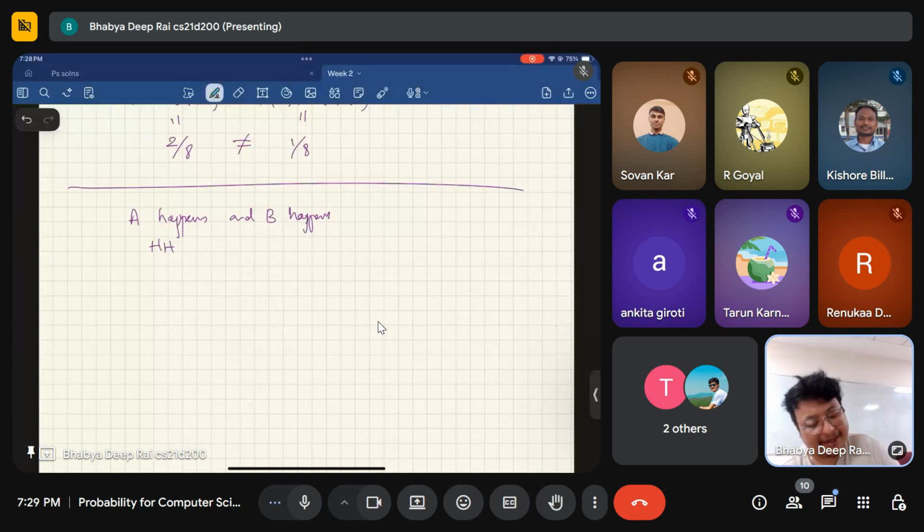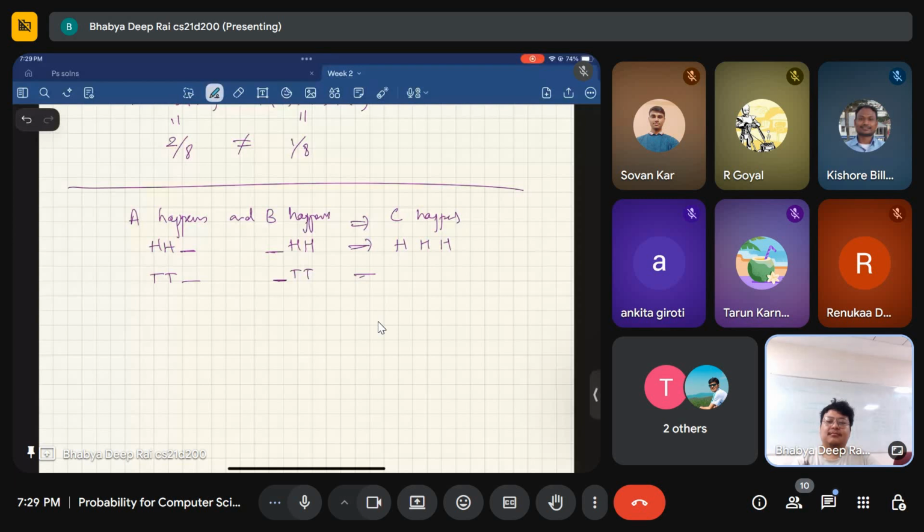So C needs to happen. And if A happens with tails, and B also happens, the second coin is already fixed to tails, so the third needs to be tails. Then C definitely needs to happen: the first and third coin have the same outcome.